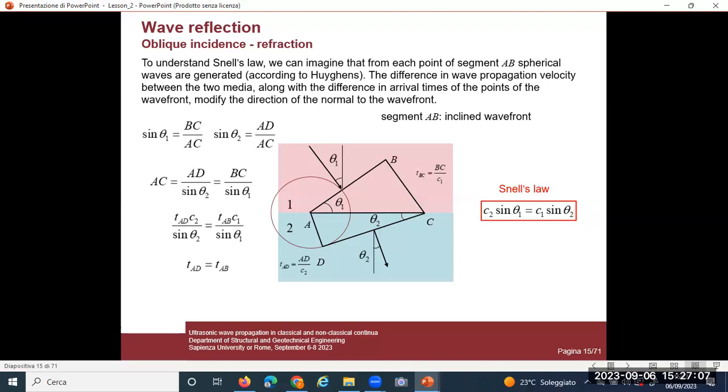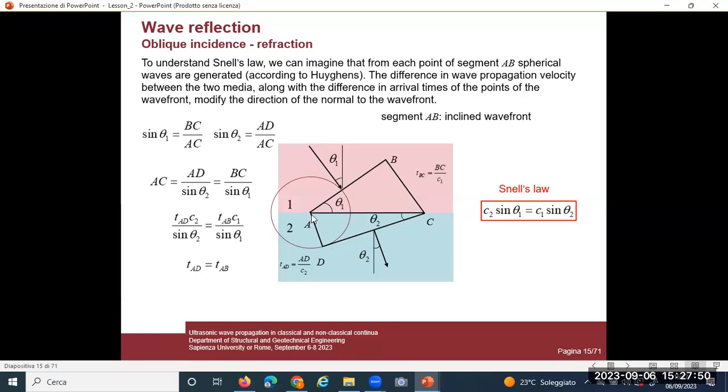Snell's law enables us to express the angle that the normal to the wavefront in the second material forms with a line orthogonal to the surface where the properties change, as a function of the velocity in the two materials. And it is very easy to determine geometrically.